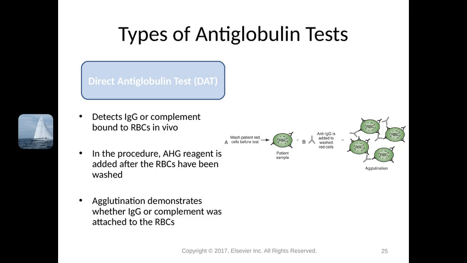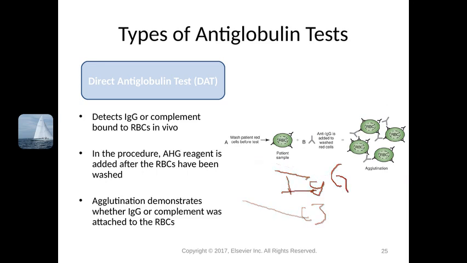And if that is positive and we see this lattice formation or this agglutination, we need to do a differential DAT, which means doing the same procedure again, but with just the IgG separate, and then doing that same procedure again for the complement to be sure which one it is. Is it IgG in nature or complement in nature that's coating in vivo?